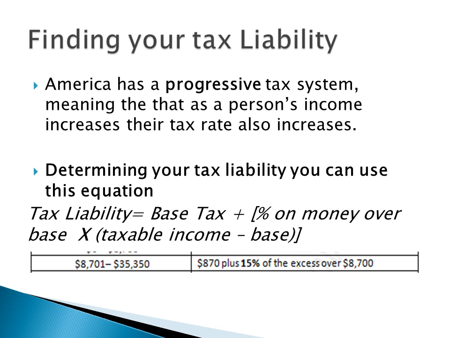So any money over that base is going to be taxed at 15% times your taxable income minus your base. And I'll show you an example in the next slide, so you can get a better understanding of this equation.